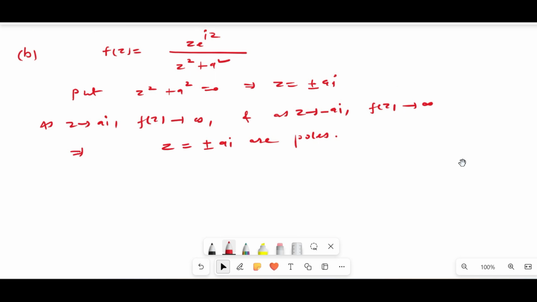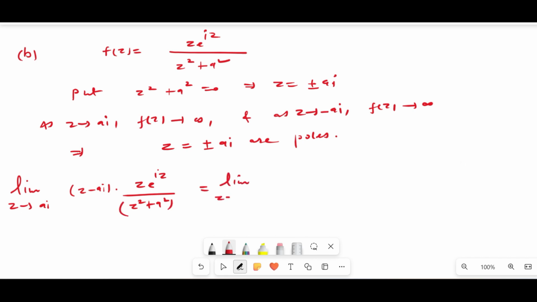So now we need to find the order of this pole. First we need to find the limit z tending to ai of (z − ai) f of z, that is z e to the power of iz over z square plus a square. We can find the limit z tending to ai of (z − ai) z e to the power of iz over (z + ai)(z − ai).